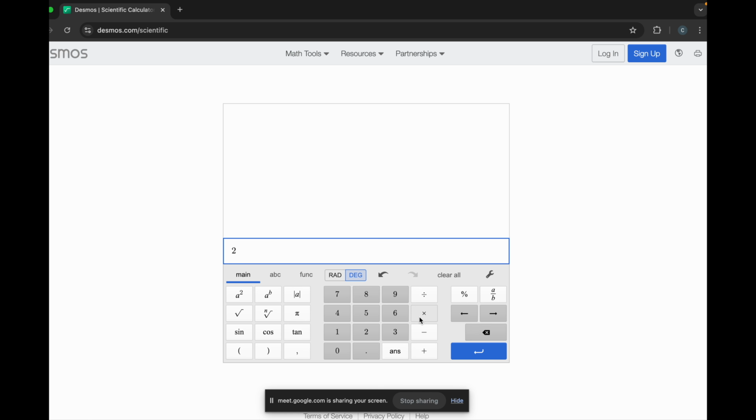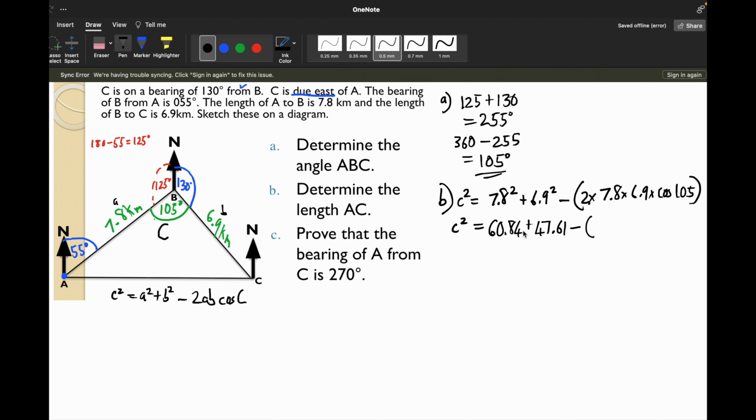So 2 times 7.8 times 6.9 times cosine 105 is equal to negative 27.86. Nice. So negative 27.86.